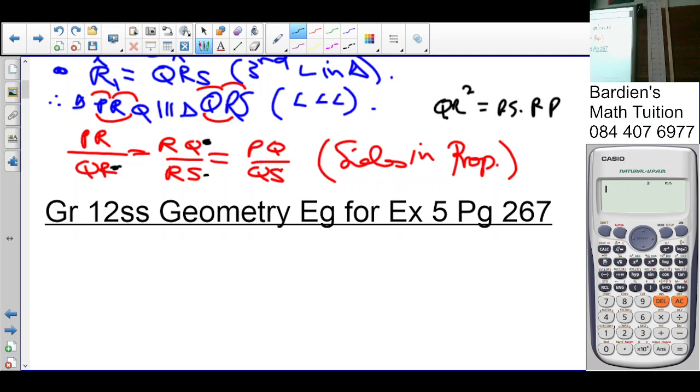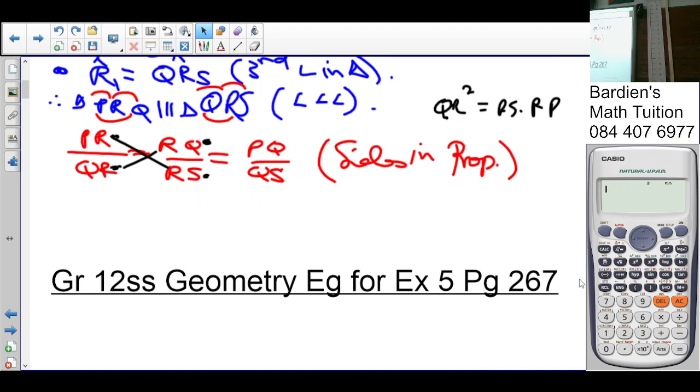There's your RS and there's your RP. So what do we need to do? Cross multiply. So what do we get here? Therefore QR squared is equal to RS times PR, or RP, which is the same thing. Any questions here?